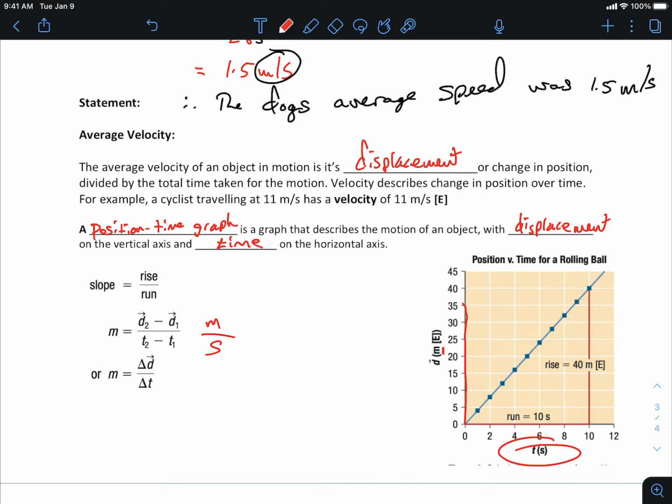So you can see the slope of this, rise over run, measures velocity. Right? Gives you the units of meters per second. Right? Or change in displacement over the time. Well, this is average velocity.